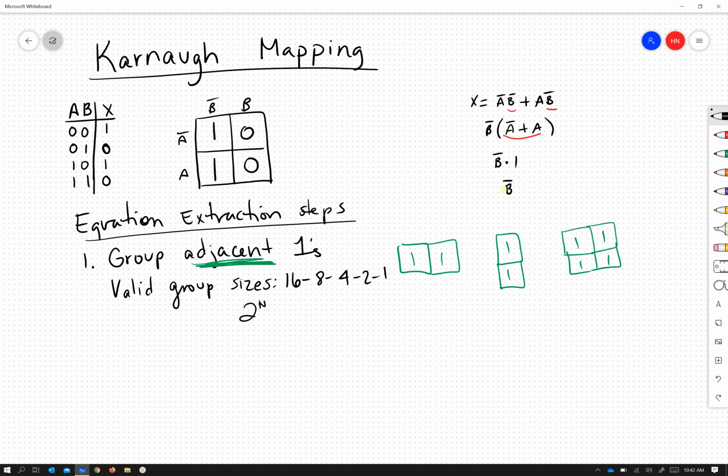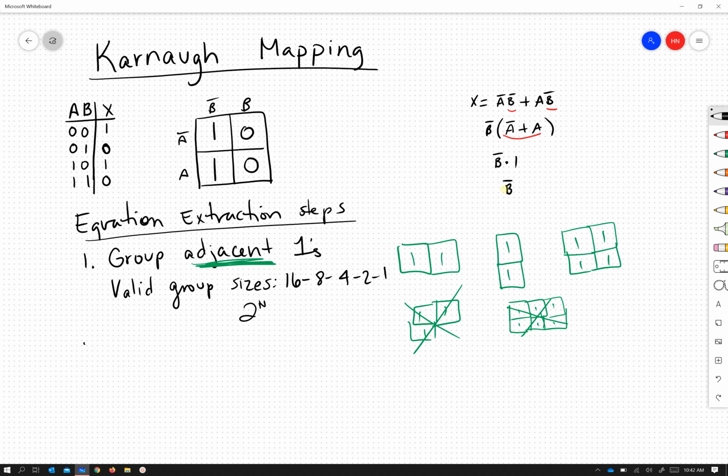So that's something to remember: you can only group groups of 1, 2, 4, 8, 16, etc. 3 is not a valid group, and 6 is not a valid group. If you're grouping adjacent ones and you have 3 like this, that is not a valid group. And when we get to bigger K-maps, you can have 6 like that, and that is not a valid group. It has to be these valid group sizes.